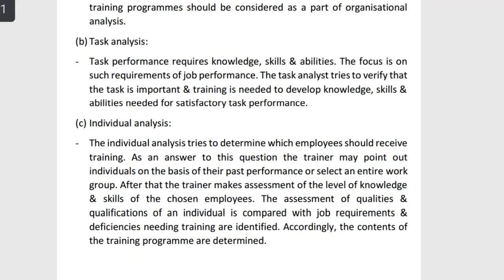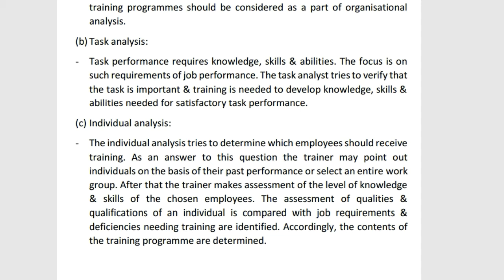The third level, that is individual analysis. The individual analysis tries to determine which employees should receive training. As an answer to this question, the trainer may point out individuals on the basis of their past performance or select an entire work group. After that, the trainer makes an assessment of the level of knowledge and skills of the chosen group of employees.